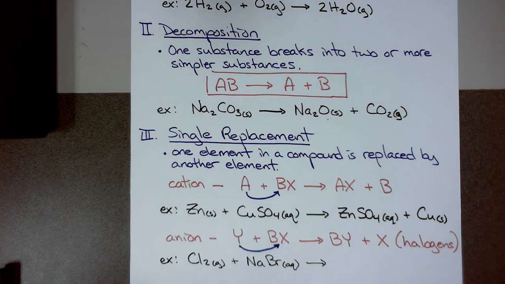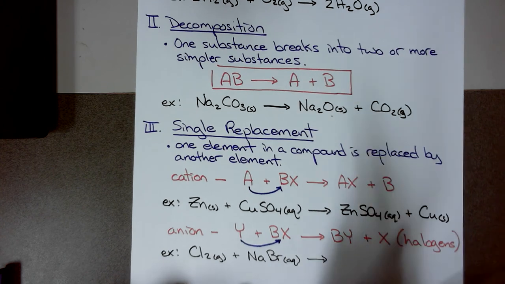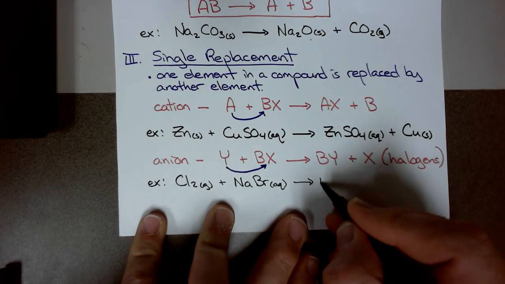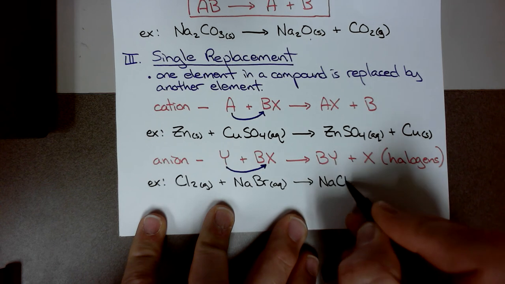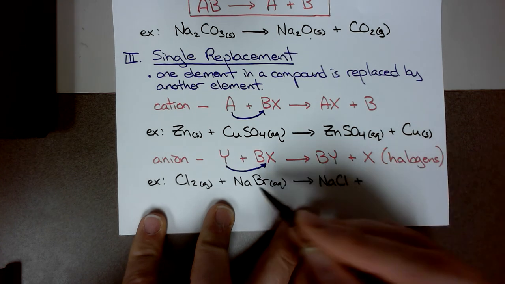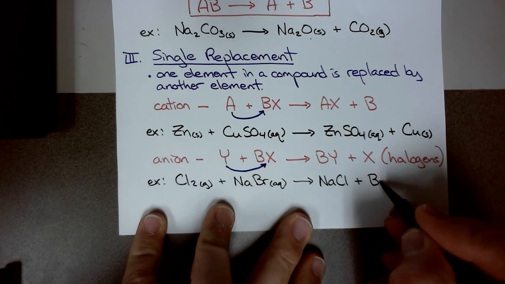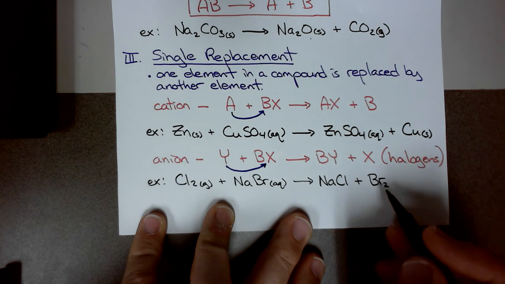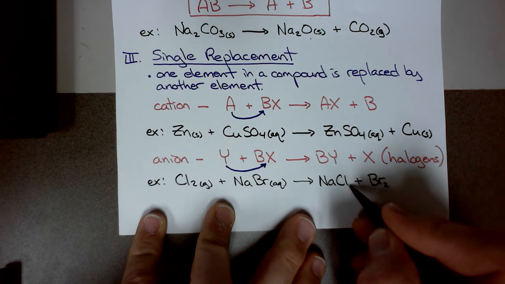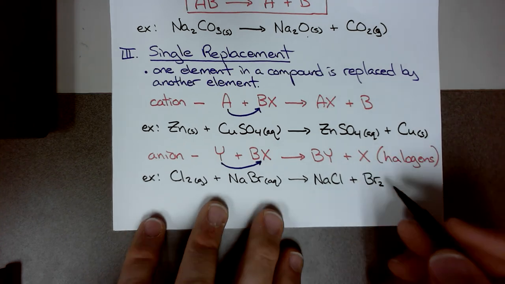Now in this case we have the chlorine replacing the bromine. So I would write sodium chloride, and it's not NaCl2. Remember, this is a 1+, 1-. You've got to write it correctly, and then we balance it. And then this goes to Br2, and you've got to write it correctly because Br, bromine, is a diatomic. And of course, that's aqueous and liquid.